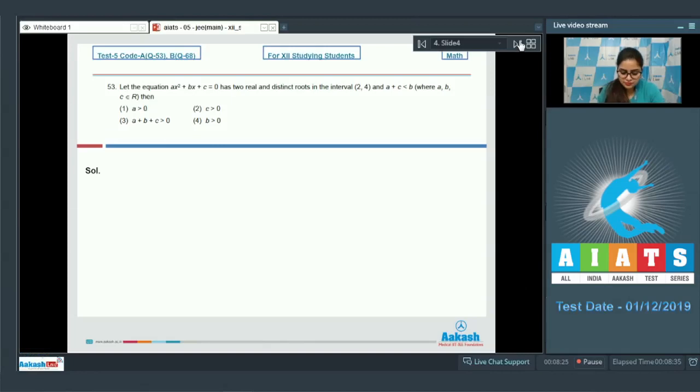The question is saying this equation has two real and distinct roots which lie in the interval (2, 4), and one extra piece of information is that a − b + c is negative. Suppose you have the function f(x) = ax² + bx + c. If you substitute x = −1, then you will get a − b + c, which is negative.